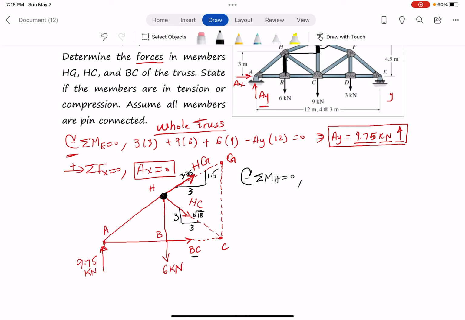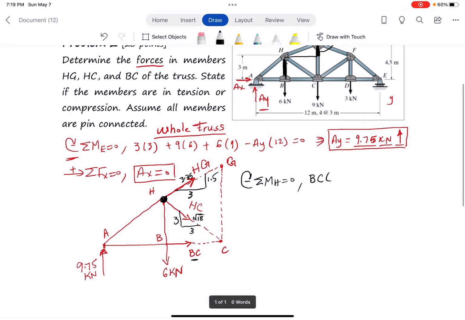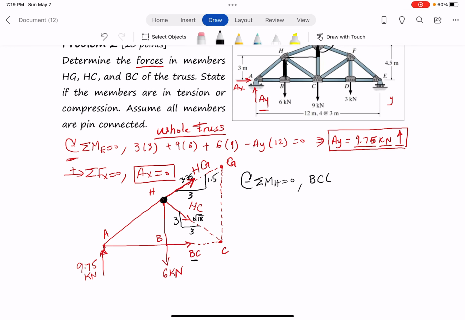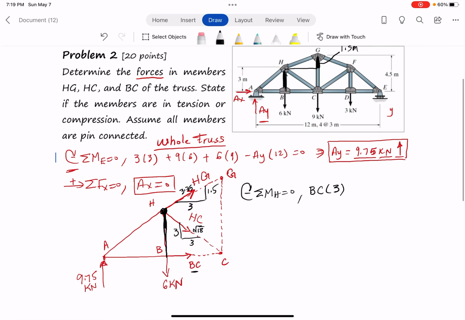And then you could see here, BC will do a positive moment times this distance. This perpendicular distance is 3. This load is not included because it is at the line of action of the point H. And then 9.75, it is negative.